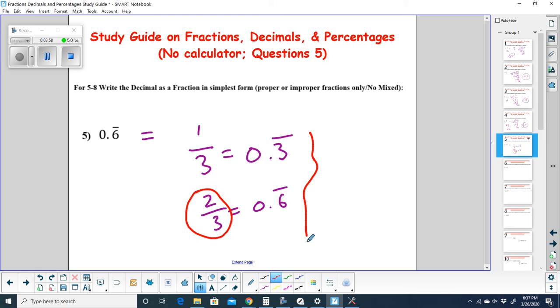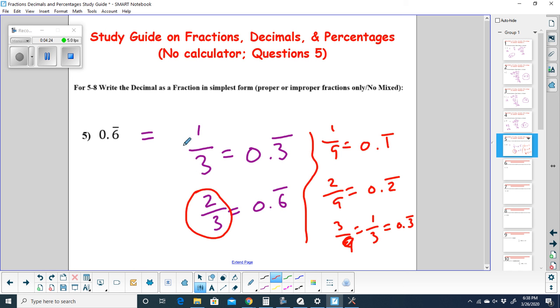Now I'm just going to mention it because it's good to know. 1/9 is equal to 0.1 repeated. 2/9, which is a question earlier, is 0.2 repeated. 3/9, which is equal to 1/3, is equal to 0.3 repeated. So these are good to know also. The ninths: 1/9 is 0.1, 2/9 is 0.2, 3/9 is 0.3.